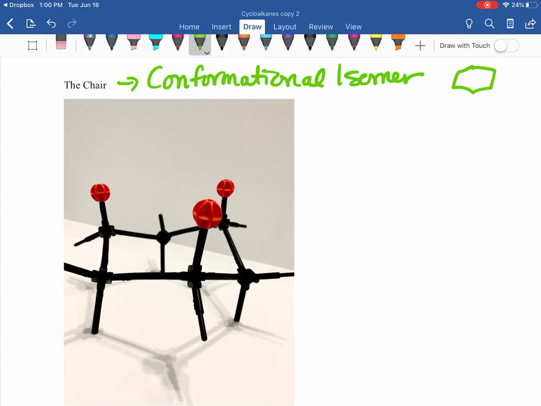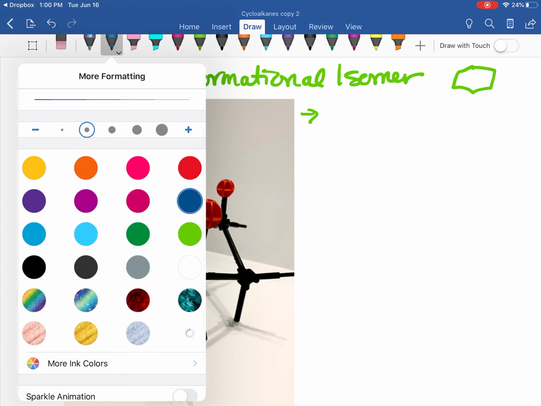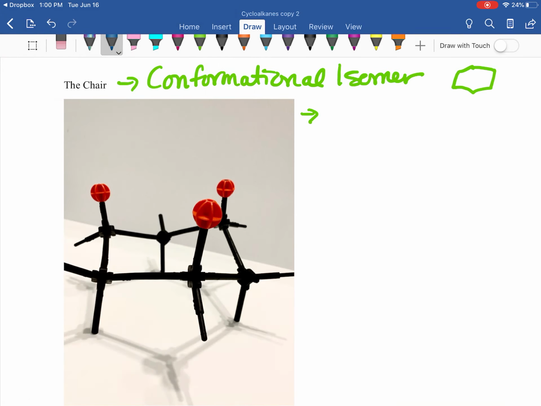So you're going to take your model set, and I like to always start with the easy ones to see, and that is going to be your straight up and straight down bonds. And it's going to be nice if you actually put on your model set some nice colored balls. I like to start with the ones that are straight up. Let's start there.